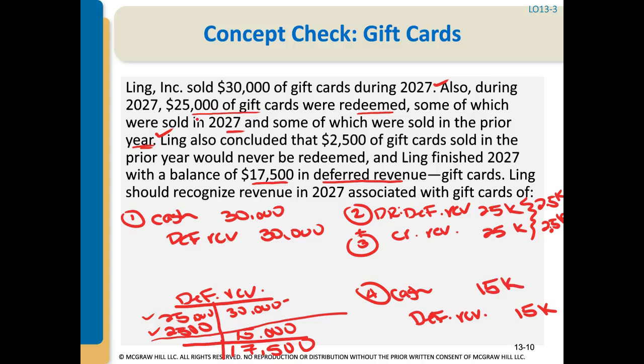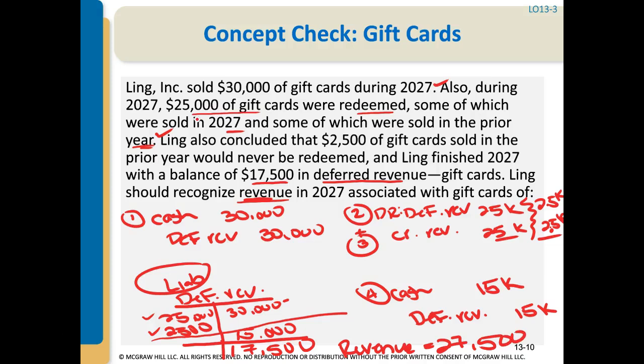The problem says Ling should recognize revenue in 2027 for how much? Well, this is our deferred revenue account, our liability account. It's asking for the revenue. How much revenue do we recognize? We had 2 entries for revenue, one for 25,000 and one for 2,500, so total revenue is going to be 27,500.